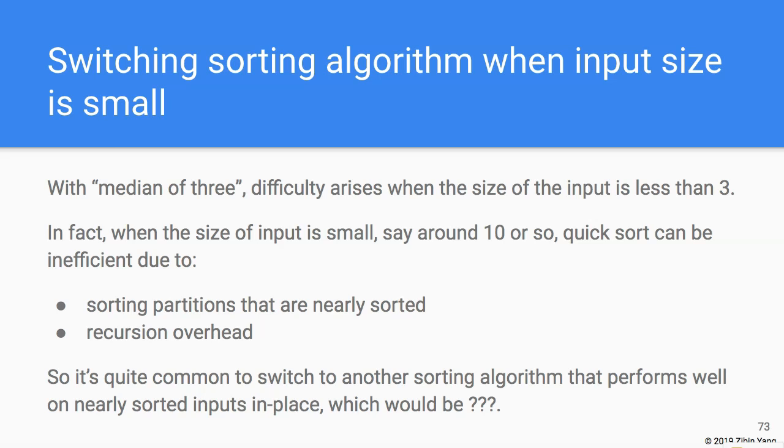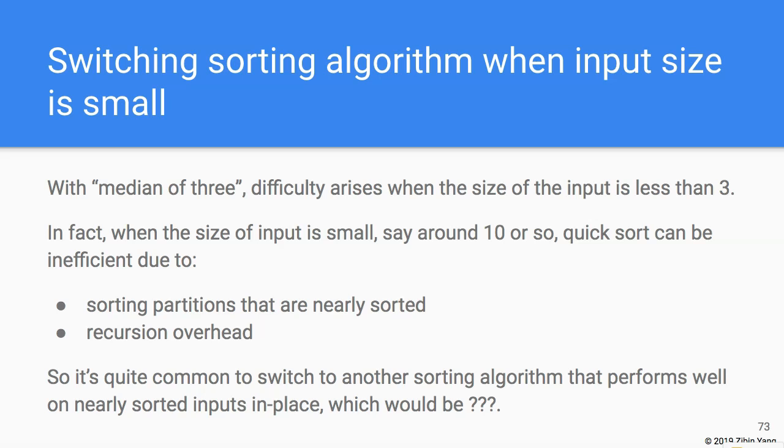And as a matter of fact, when the size of the input is small, and by small, we usually mean probably maybe 10, 20, maybe sometimes 30 or even slightly bigger, quicksort in general can actually become very inefficient for 2 reasons.